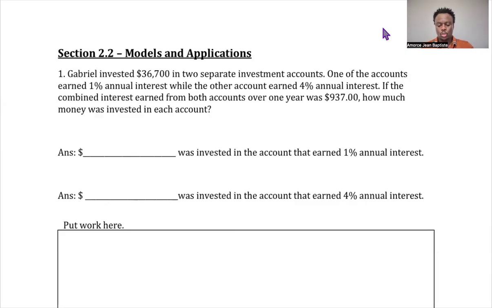Okay, section number 2.2, models and applications. When you are working with models, sometimes students find this more difficult than it is. The requirement for you to do well on applications is to make sure that you understand what the problem is about.